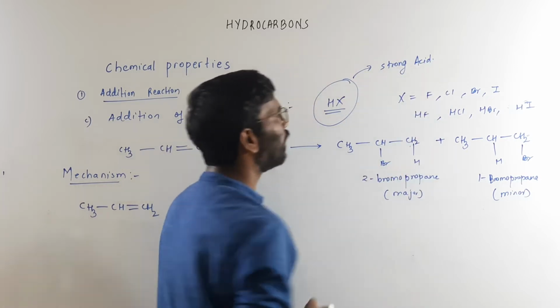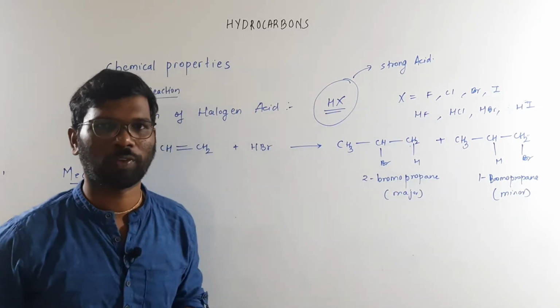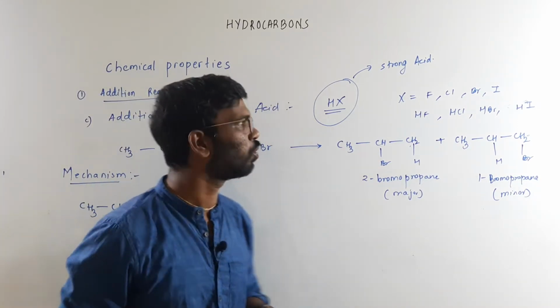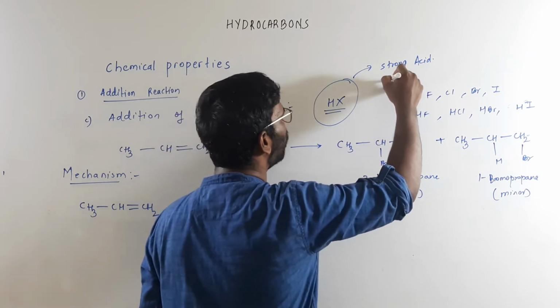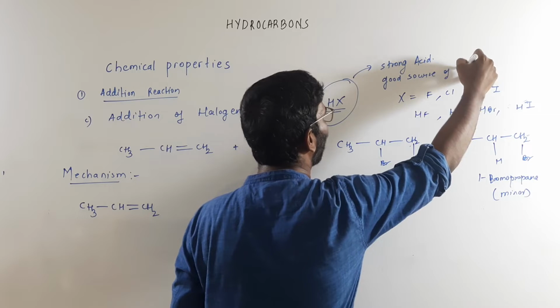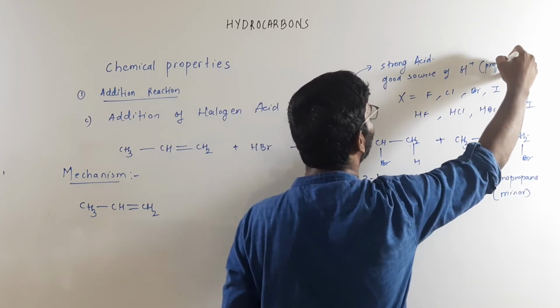Strong acid means it will give a very large number of H plus ions, a very good source of H plus. After ionization, it is going to form more H plus. So here I can write a good source of H plus, that is proton.